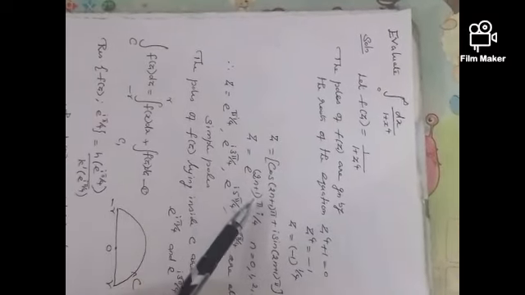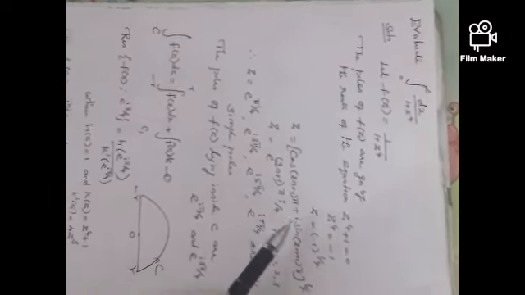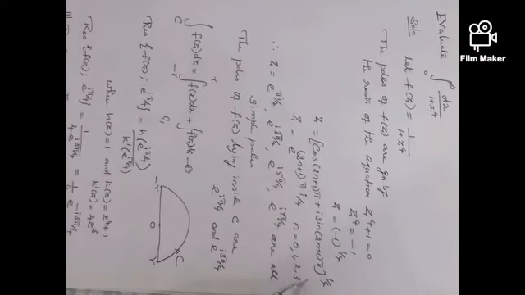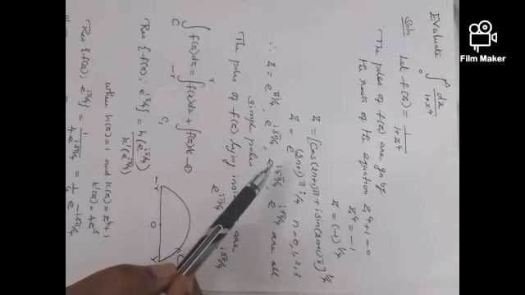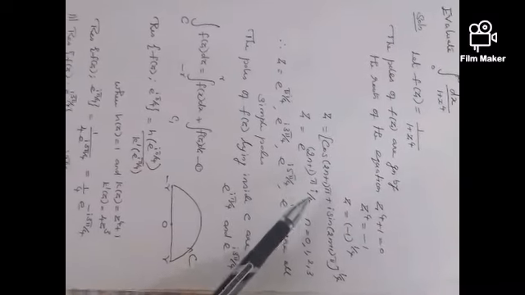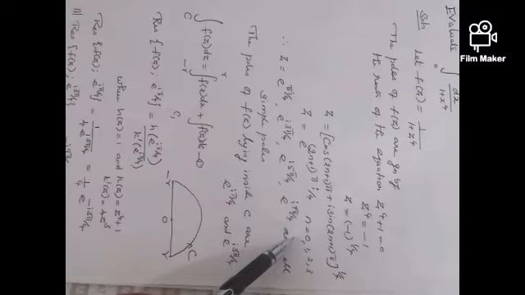So z equal to cos (2n plus 1) pi plus i sin (2n plus 1) pi, the whole power 1 by 4. z equal to e power (2n plus 1) pi i by 4, where n equal to 0, 1, 2, 3.